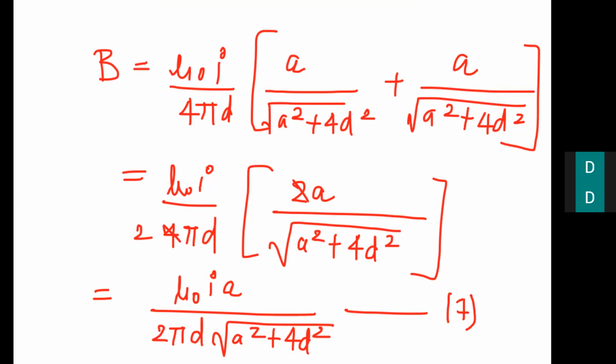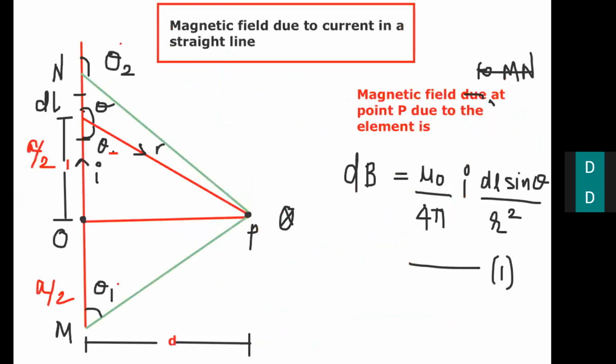So now what if I want to know the field due to the long straight wire? So in this diagram, whatever wire we are considering, that is the MN wire. It is just a chunk of a long, infinitely straight wire. So we want to consider the long straight wire.